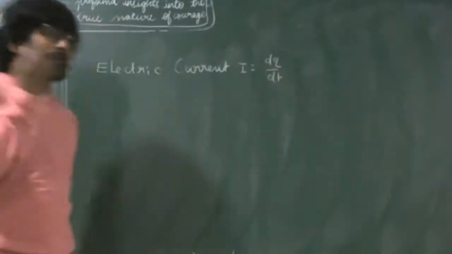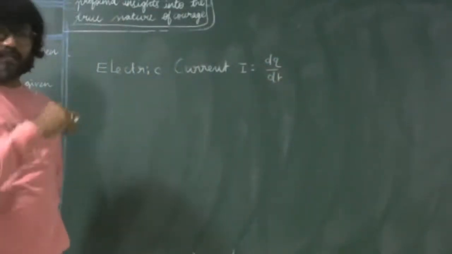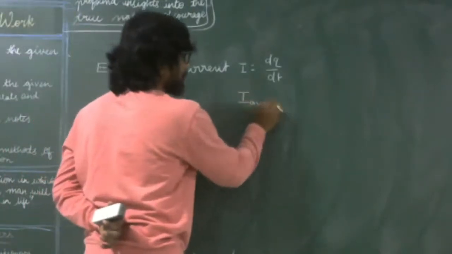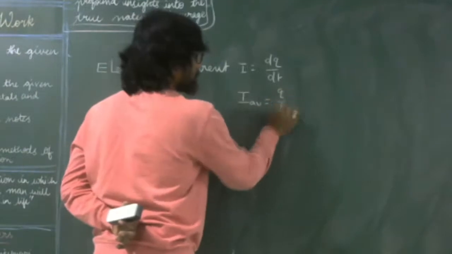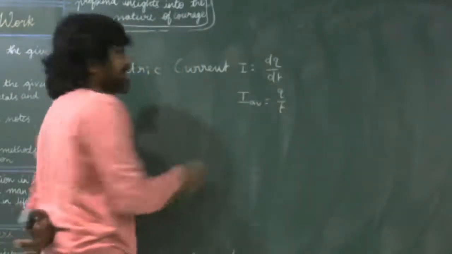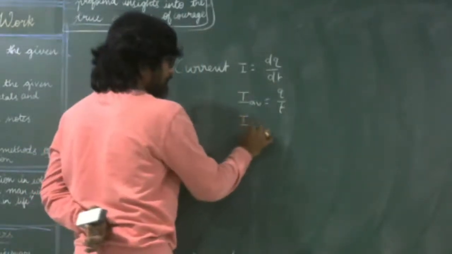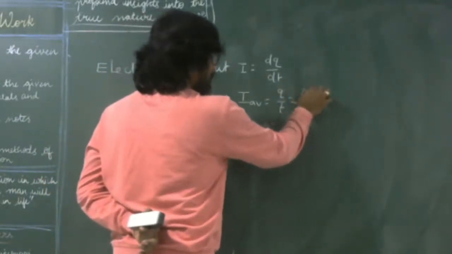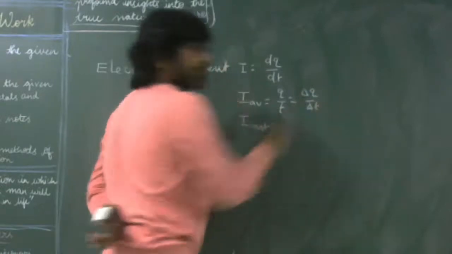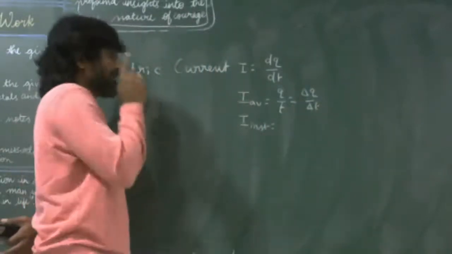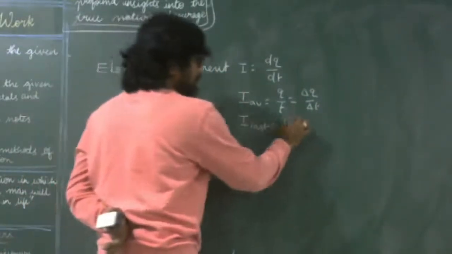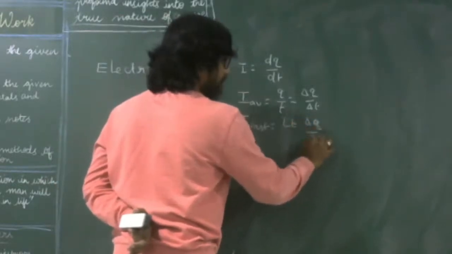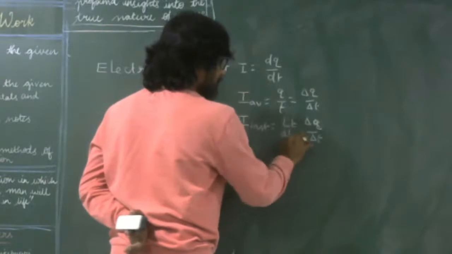And this current can be considered as average current and instantaneous current. If you say average current, you can say simply total charge by total time. As for instantaneous current, you can write it as delta Q by delta T. Mathematically, instantaneous current can be expressed as the limit of delta Q by delta T as delta T tends to 0.